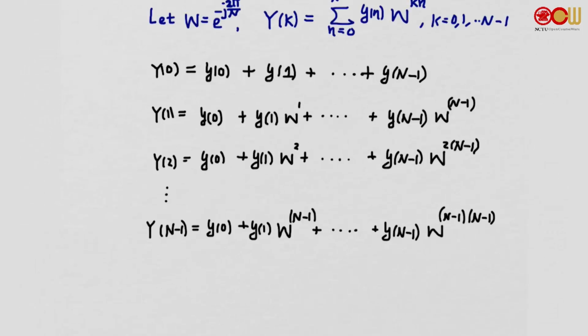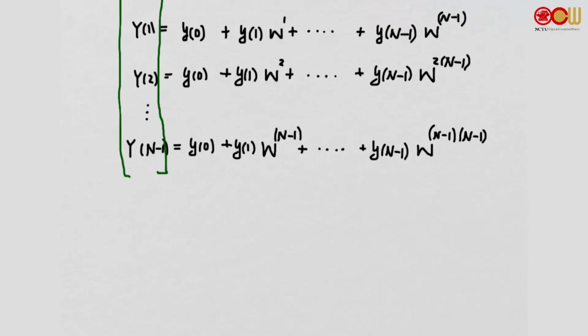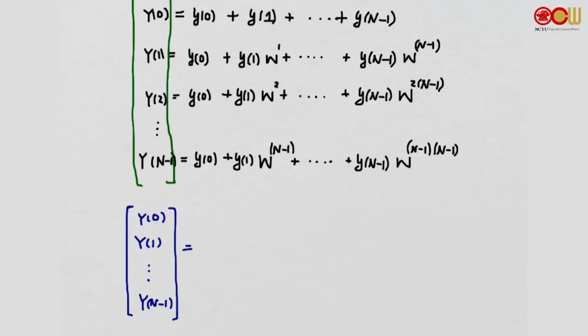Now we collect all these equations into one. We collect all these DFT samples into one big vector, and we call this vector y. Now let's write down these big equations. We can collect all these n equations together, and we can write it in a matrix vector product.